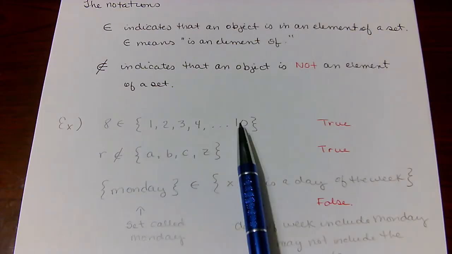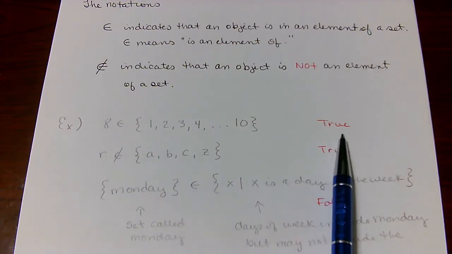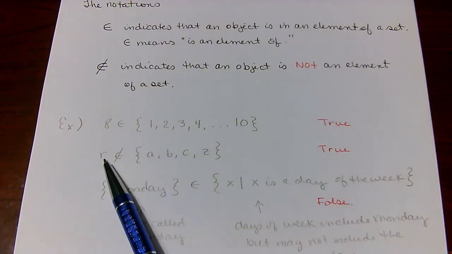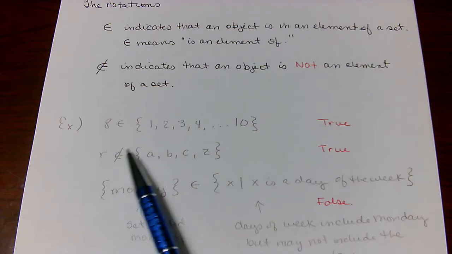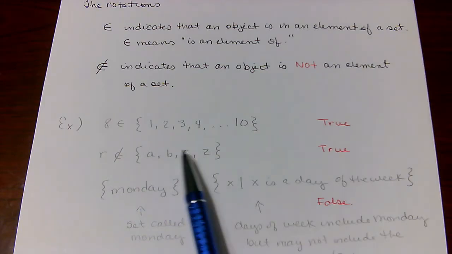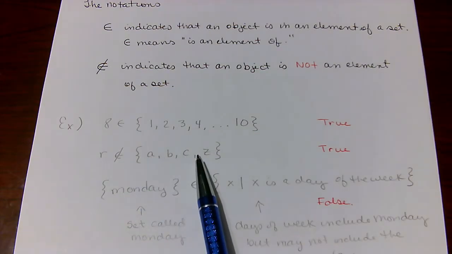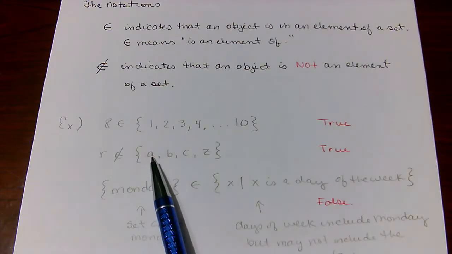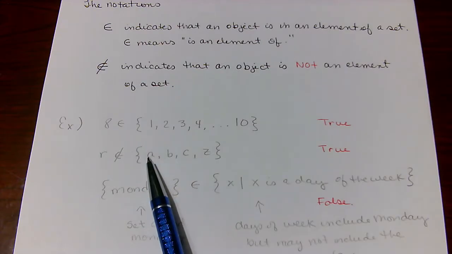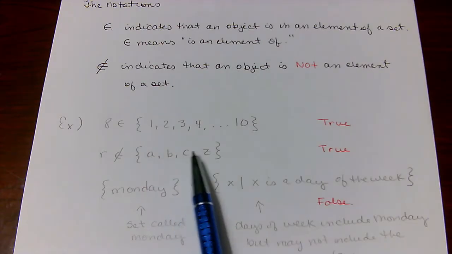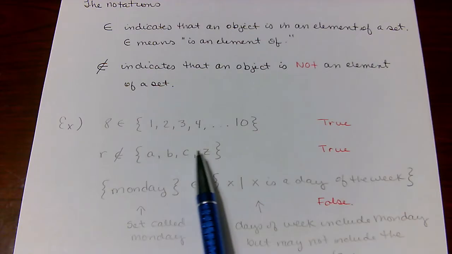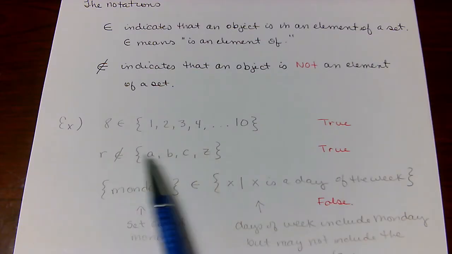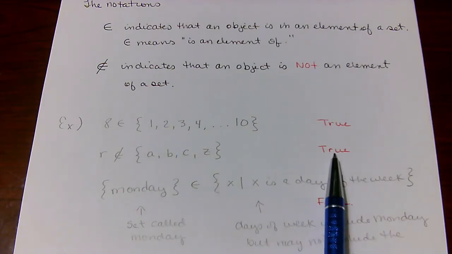Since 8 is between the numbers 1 and 10, this is true. The second part says R is not an element of this set. Notice that there are no dots in this one between C and Z. So the only elements we have in this set are A, B, C, and Z. R is not among these elements, so this is a true statement.